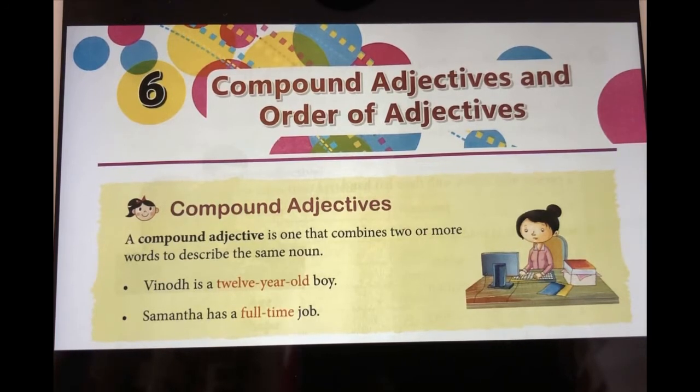And when we are mixing these two words together, we have a compound adjective. We have lots of compound adjectives like this in English grammar. For example, you can also say well-behaved, you can say well-mannered, and you can see here well is a different word, mannered is also a different word, and by mixing this together you have compound adjectives.